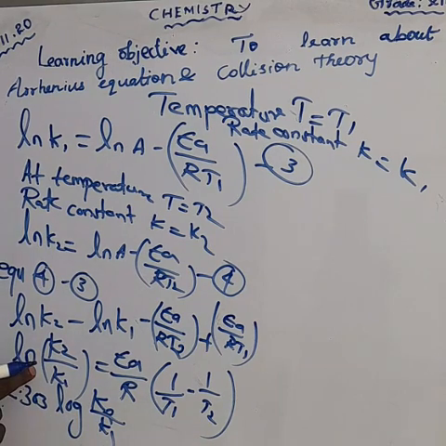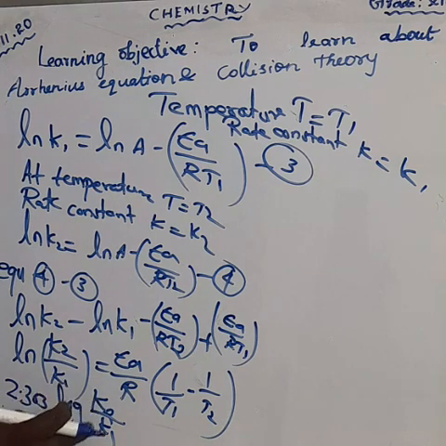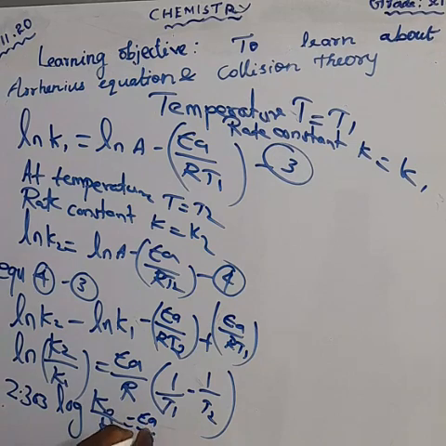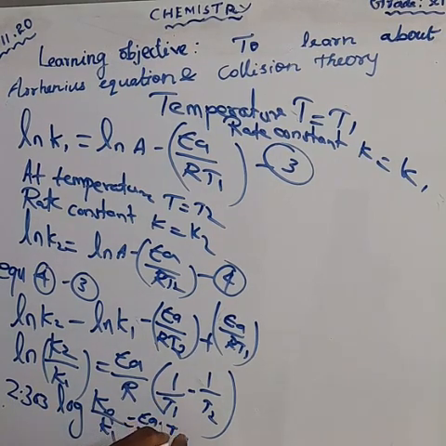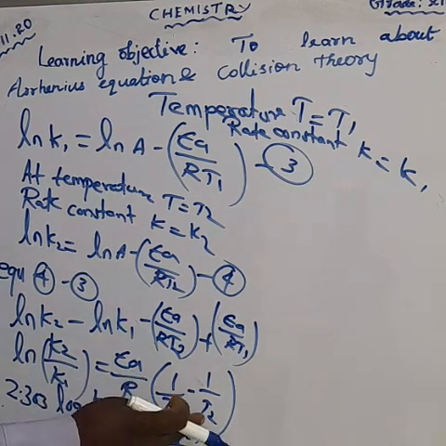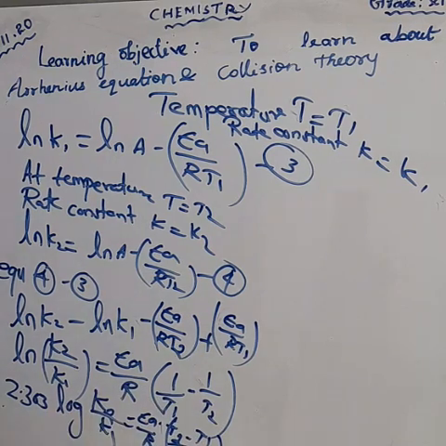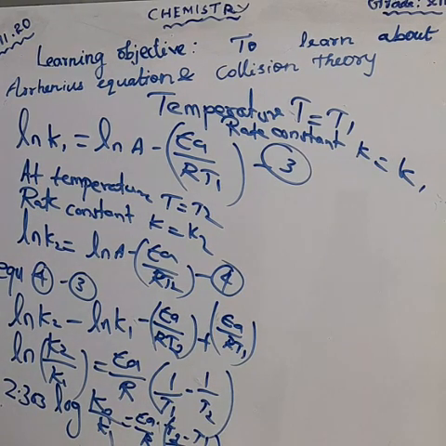The natural logarithm is converted to log by multiplying by 2.303. So 2.303 log K2 by K1 is equal to Ea by R, by cross multiplication, T2 minus T1 divided by T1 T2. Clear? Any doubt?